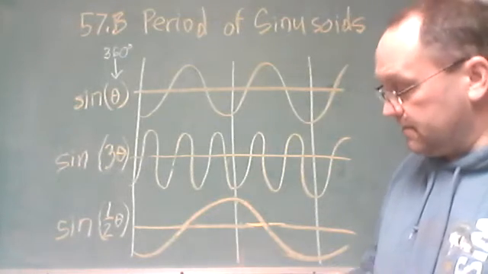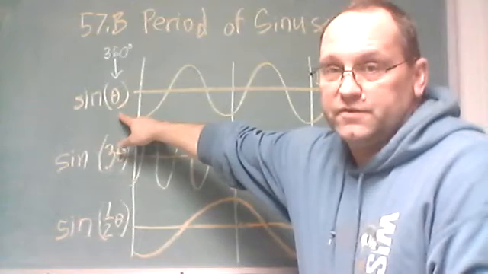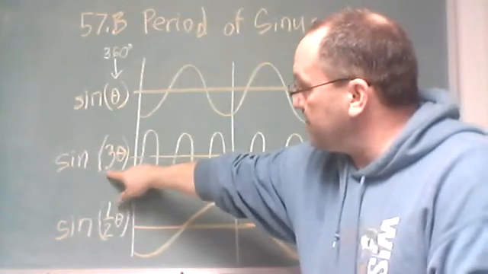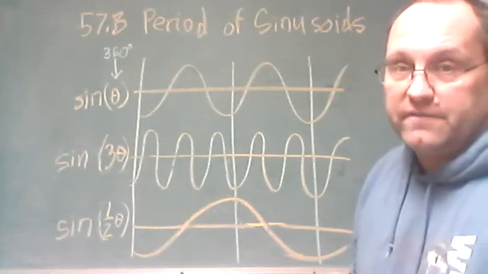And so we notice the textbook goes through how, if the variable of the trigonometric function is multiplied by a number, it changes the period of the trigonometric function.